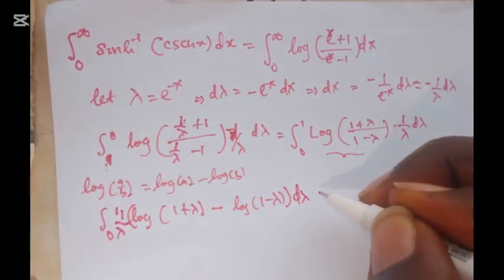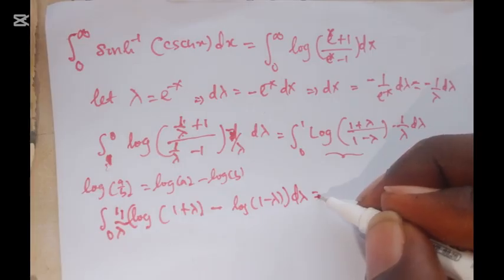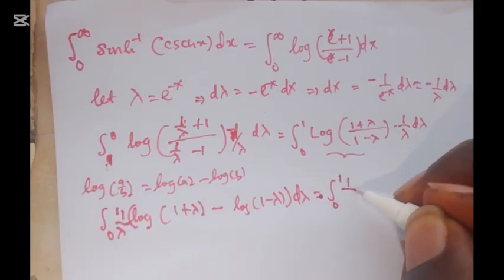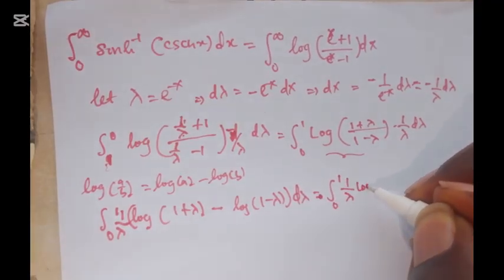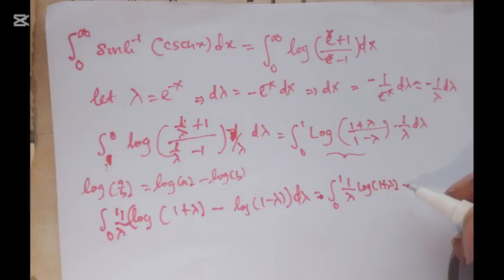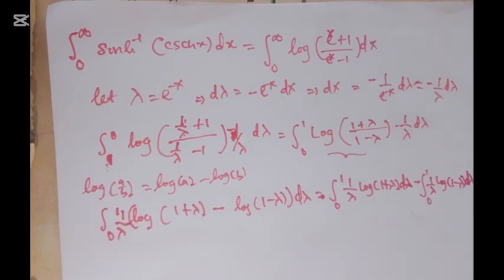So you can open the bracket, and this integral will be split into two integrals. We have the integral from 0 to 1 of 1 over lambda, then log 1 plus lambda, d lambda, then minus the integral from 0 to 1 of 1 over lambda, then log 1 minus lambda, and don't forget the d lambda. Yeah, this is cool and beautiful.